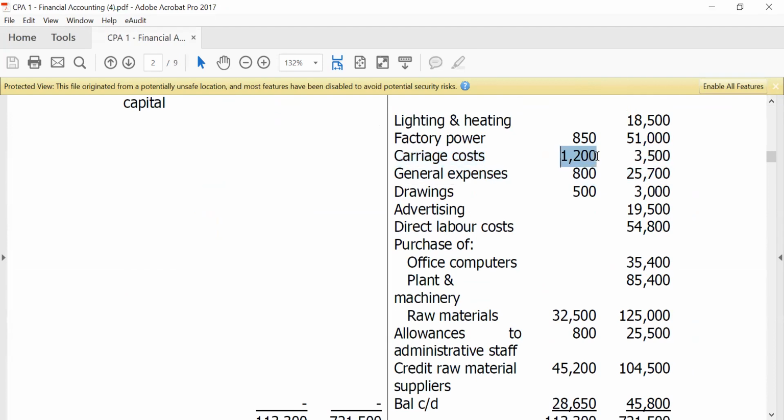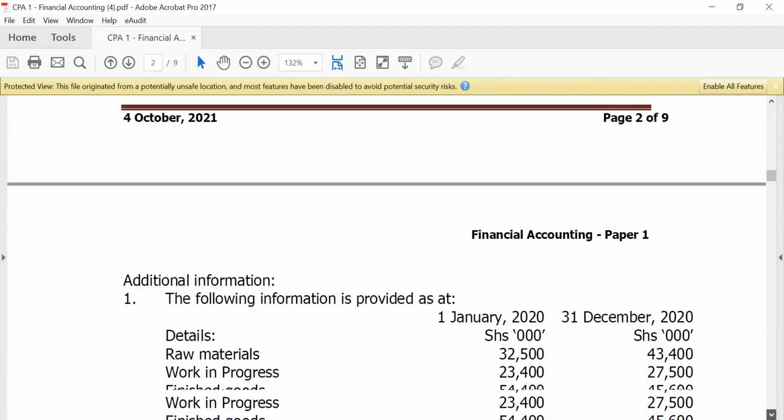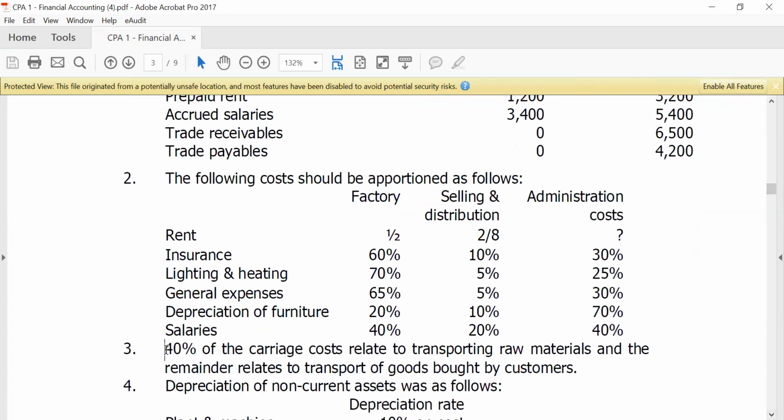We have the 1,200 paid using cash, and then we have 3,500 that is paid using bank, a total of 4,700. So of the 4,700 paid in carriage costs, they are telling us that 40% relates to transporting raw materials to the organization, which is our carriage inwards.